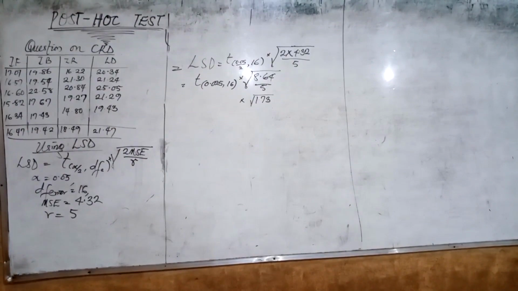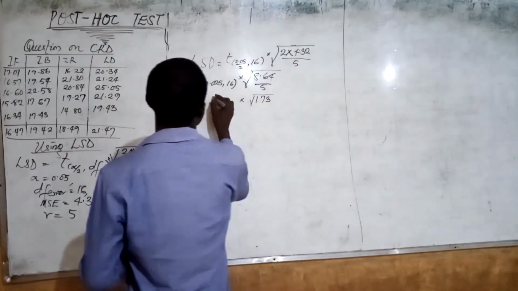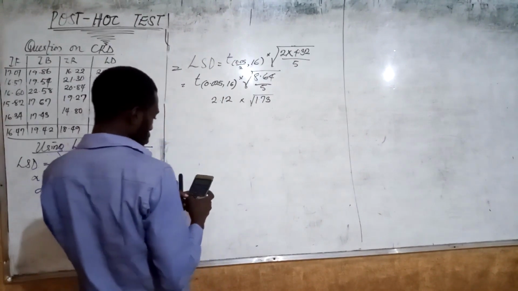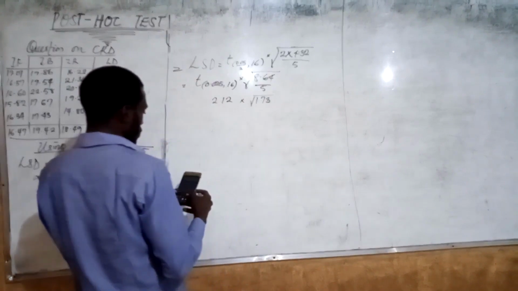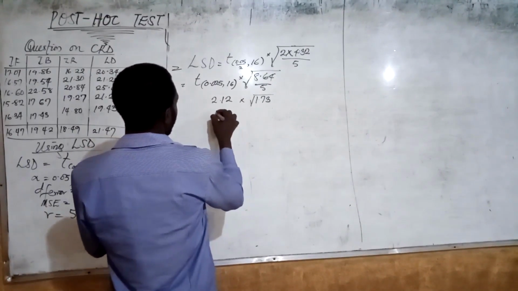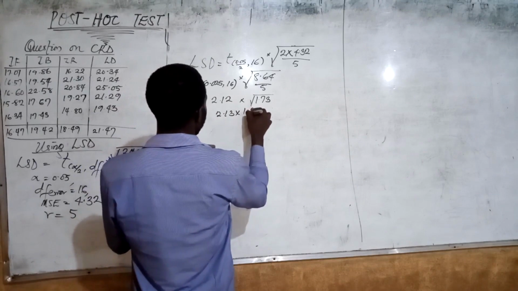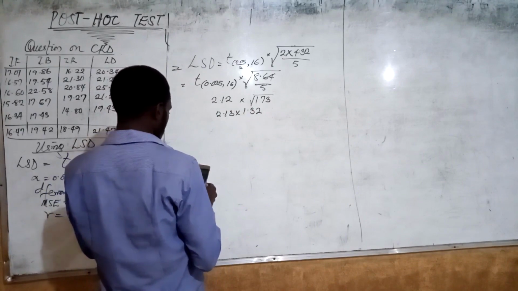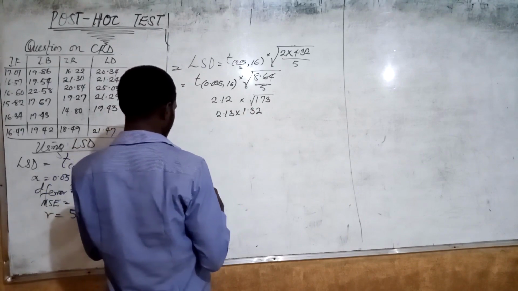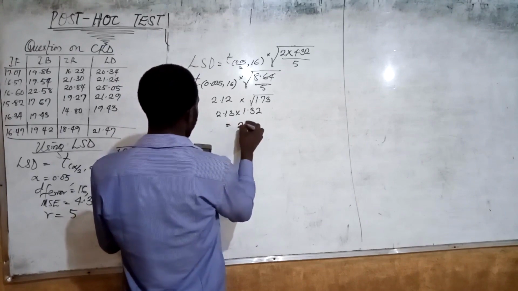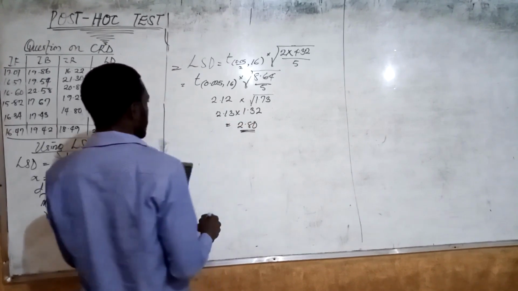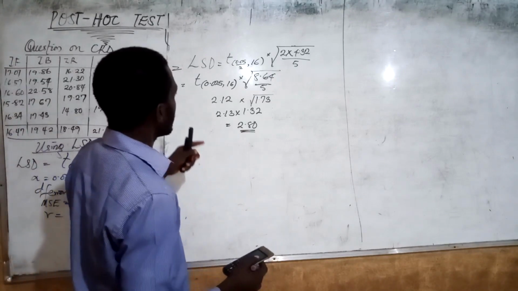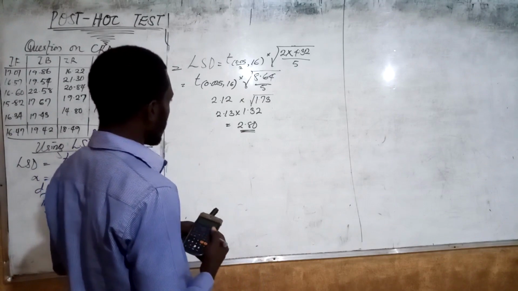So we have 2.12 times this. The square root of 1.73 is equal to 1.32. So 2.12 times 1.32, the answer is 2.80. So 2.80 is the LSD value that we have here.